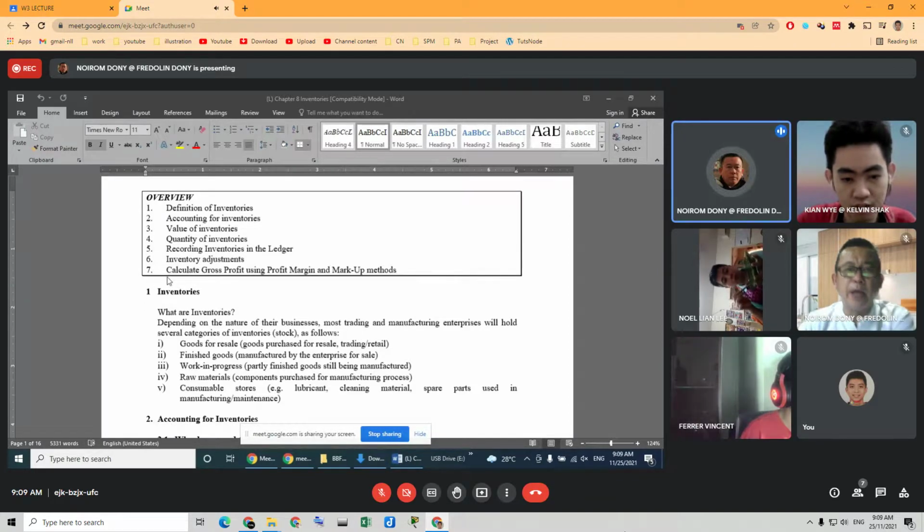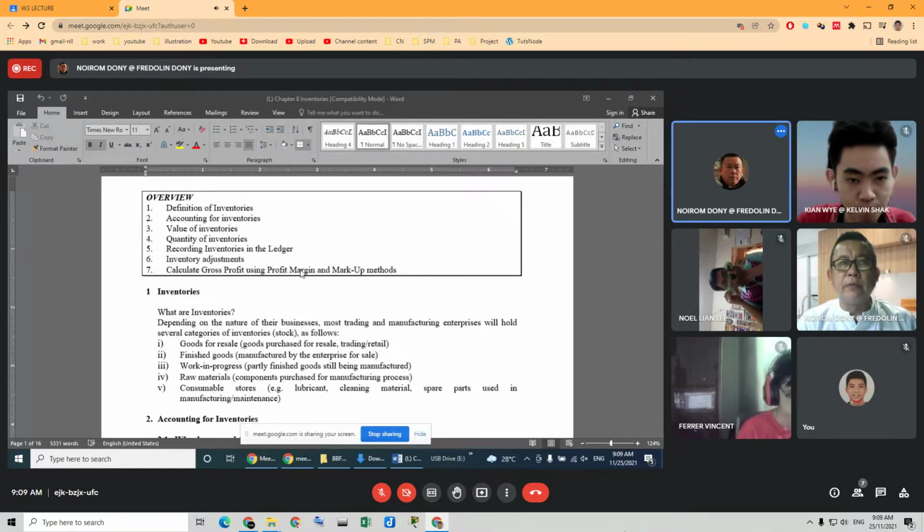And then we have to calculate the gross profit using net profit margin and markup method. So these are the two gross profit calculations that we're going to use: profit margin and markup method. Profit margin is with the assumption the selling price is 100%.